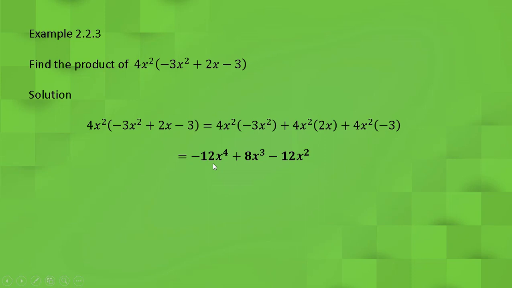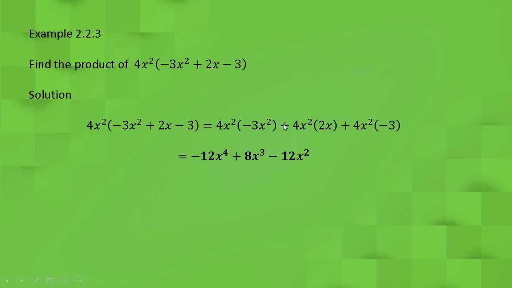And when you multiply, what you will do with the exponent is you add the exponent. Not the same with addition and subtraction, where you just copy the exponent and the variable. But here, in multiplication, we have to add the exponent.